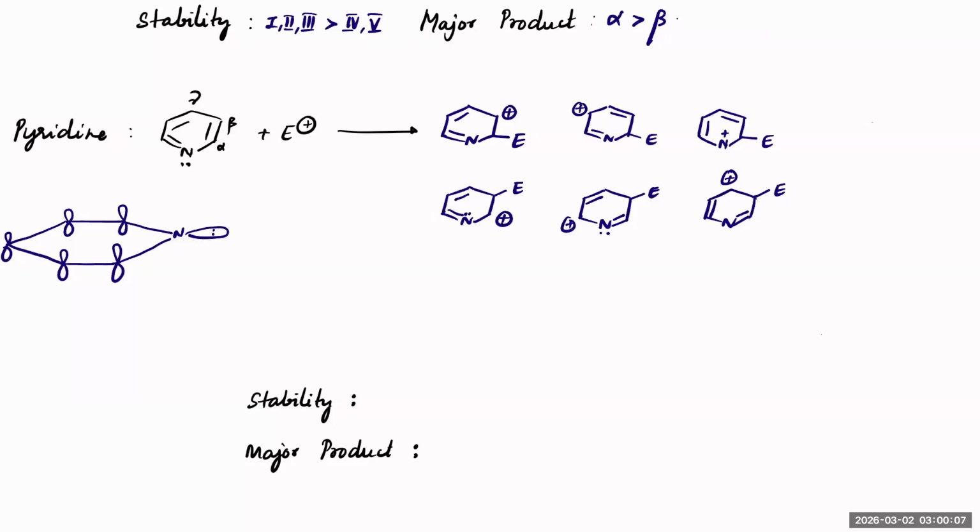Same way, if you compare for gamma, in the case of gamma we'll get positive charge here, electrophile here, double bond with a lone pair. And if that positive charge goes here, we will get positive charge on nitrogen. Again, positive charge on nitrogen is not favorable.